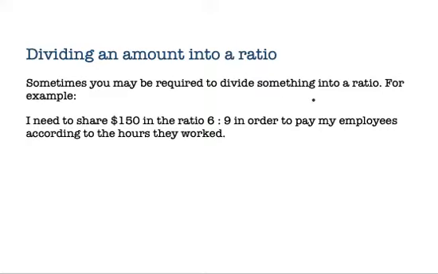This example I'm using is, say I have to share $150 in the ratio of 6 to 9 in order to pay my employees correctly according to the hours they worked. So 150 is the total and the ratio is 6 to 9. That means I have a total of 6 parts and 9 parts. So I'm going to add that together. 6 plus 9, that gives me 15 parts in total, okay?